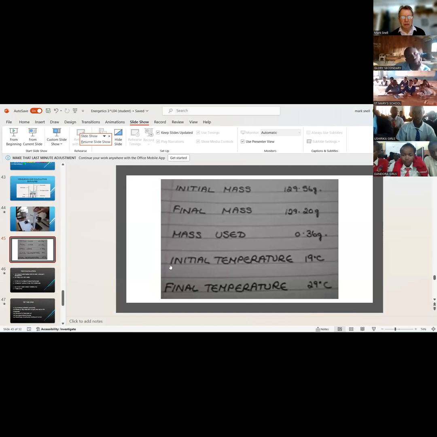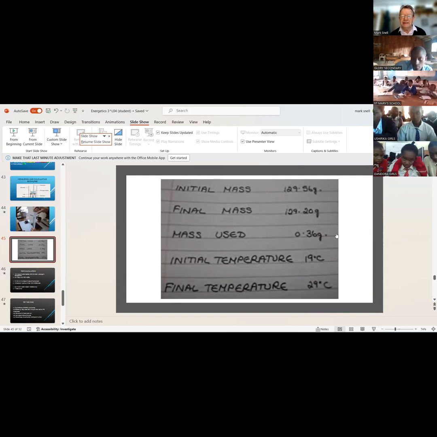So here are the results here. Now, what we're going to do is the calculation. I'm going to show you the calculation just to make sure that everybody is happy with this. If you are already happy about how to do the calculation, then do it now. Just write down what you need, which is 0.36. It was hexanol.